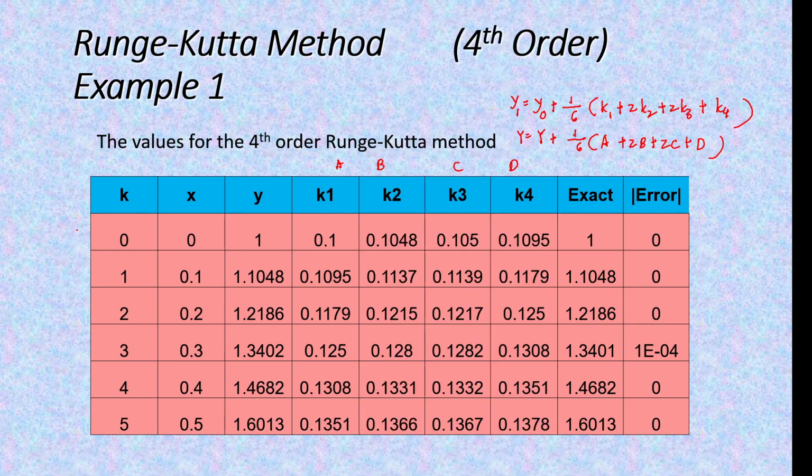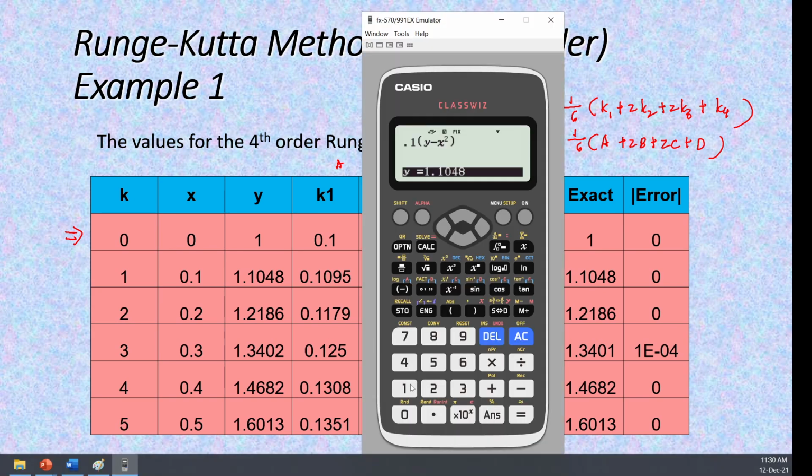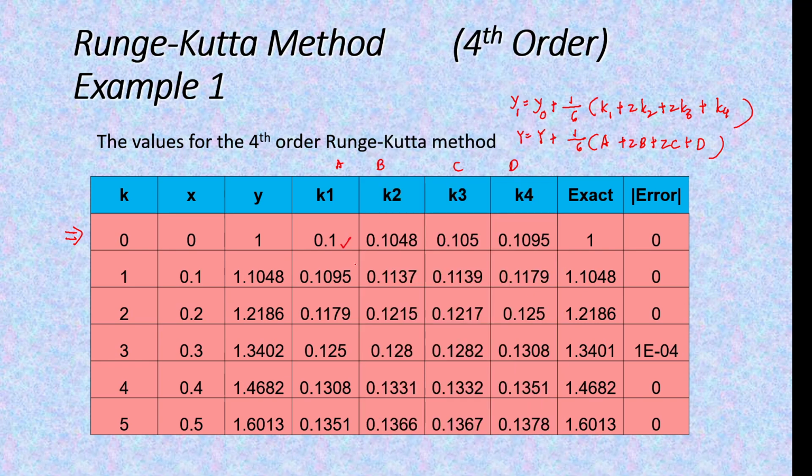When you are at k0, y is 1, so put in 1. And x is 0. So you have 0.1 here. You get 0.1.